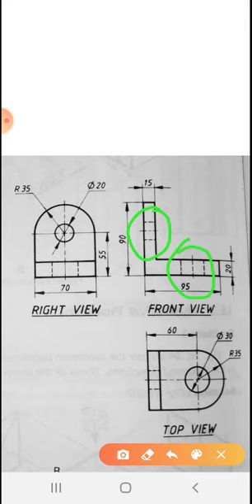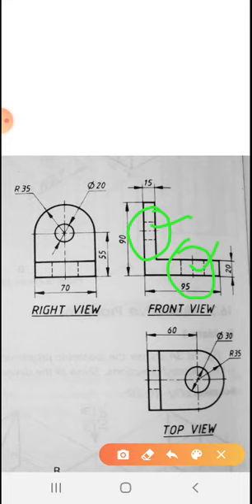That means these two holes are invisible. We can't see the holes in the bracket in the direction of the front view, and hence they are shown in the front view by dashed lines.